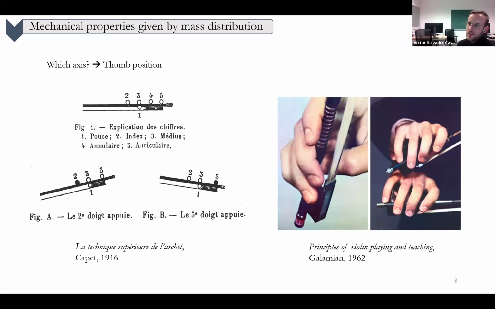So if I can reach the same mechanical properties, for example, the same mass, the same center of mass position, and the same moment of inertia, but placed differently, yes, this is possible, and we will have an effect on the modal mass that we are adding on the bow. How this relates to the dynamical behavior of the bow, I have not investigated yet, but I think that it could have an effect indeed.